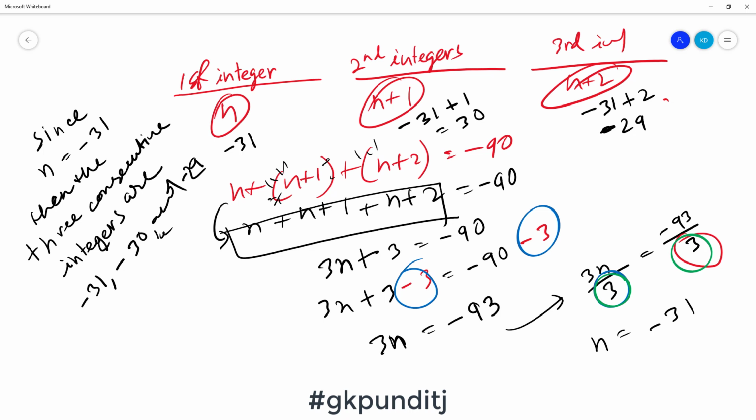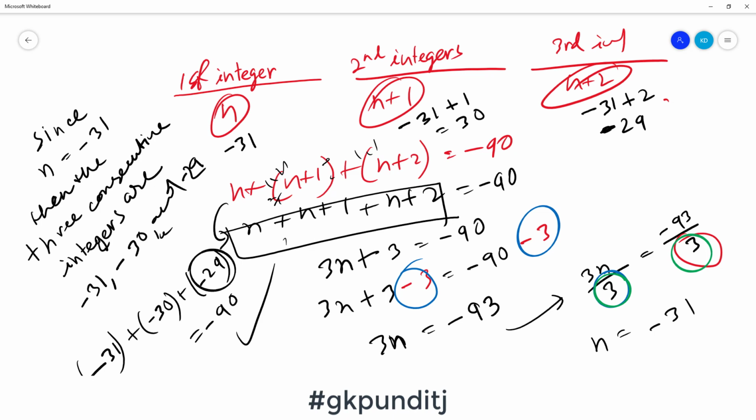So this is minus 31 plus minus 30 plus minus 29 is equal to minus 90. So this is it, and the final answer is this is the largest one.